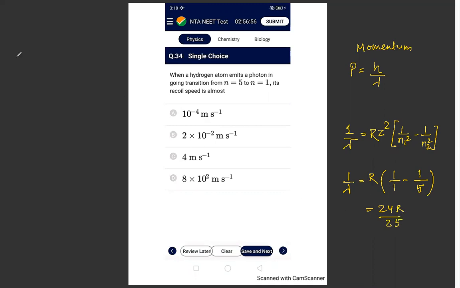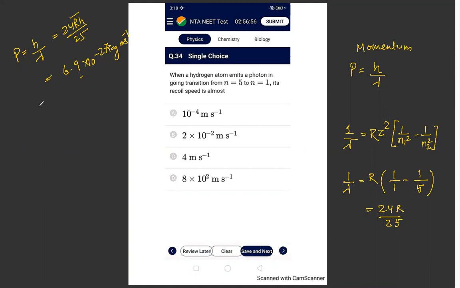We are required to find P equal to h by lambda, equal to 24 RH divided by 25. After putting all these values, we'll be getting 6.9 into 10 to the power minus 27 kg meter per second.